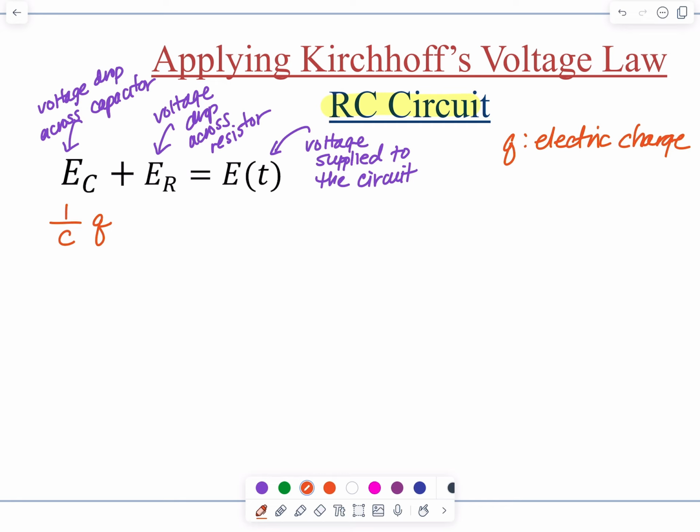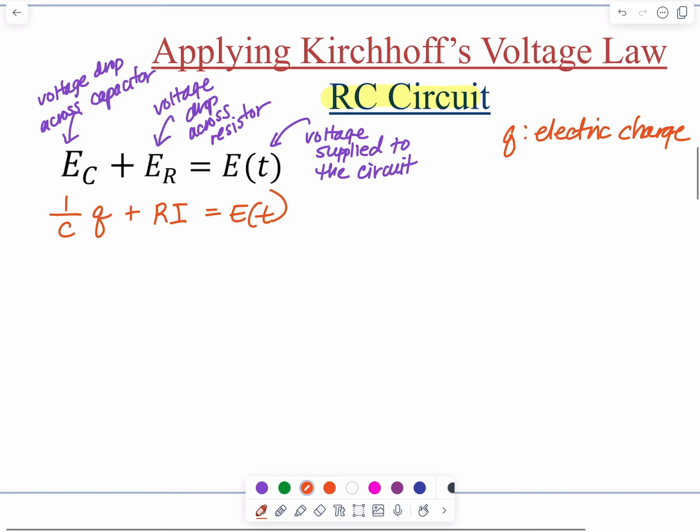Okay, so now we have 1 divided by C multiplied by Q plus, and again we have that E sub R is our voltage drop across the resistor, and that is proportional to the current I passing through that resistor. So we'll use RI, and then we still have that's equal to E of t. So now let's go ahead and write this as Q divided by C plus R multiplied by dq/dt.